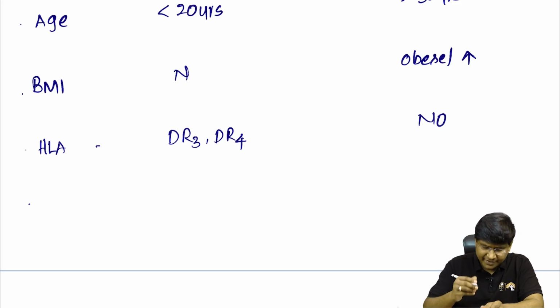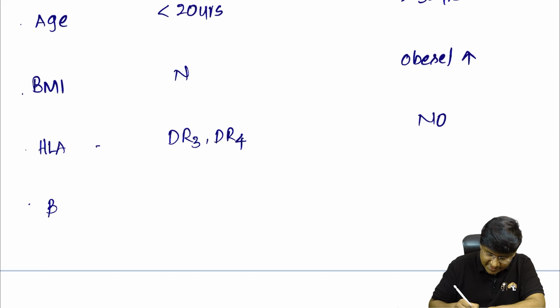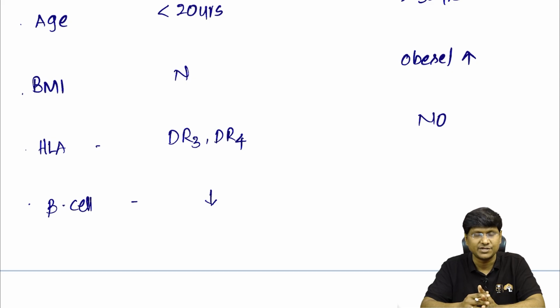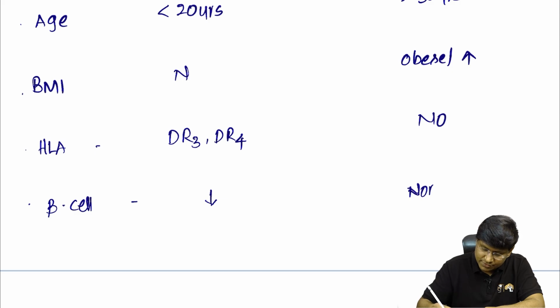Now, another very important point about type 1 diabetes mellitus is that it is beta cell destruction because of antibodies, so antibody mediated beta cell destruction. Whereas in type 2 diabetes mellitus, the beta cells will be normal in the early stages, but in the later stages, the number of beta cells will be reduced.